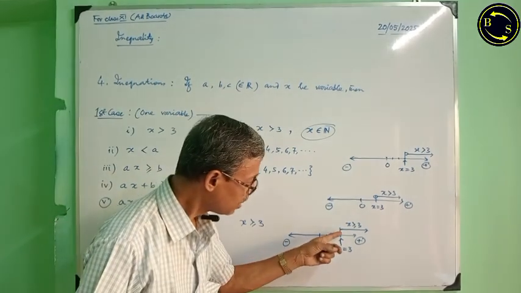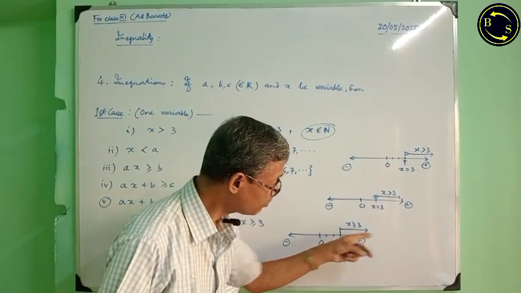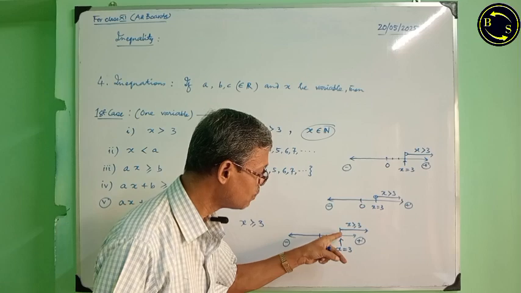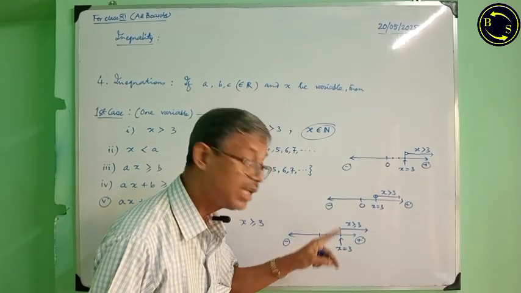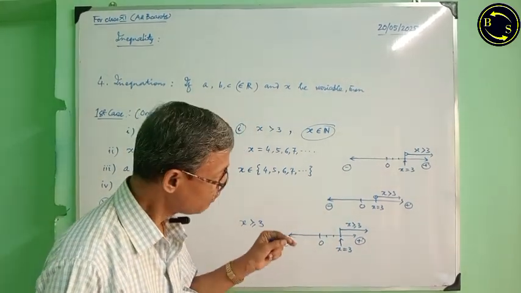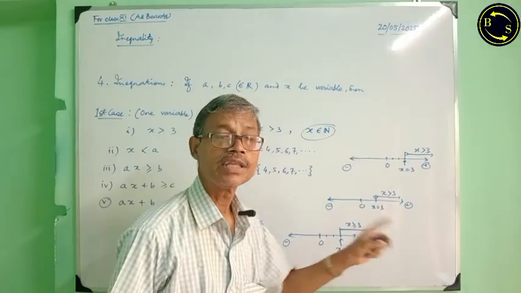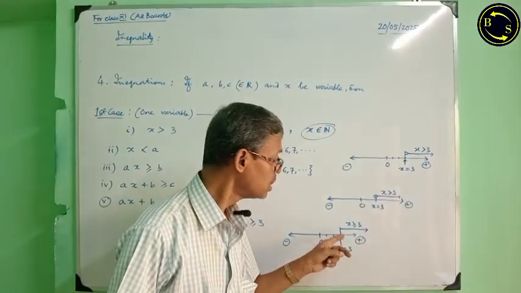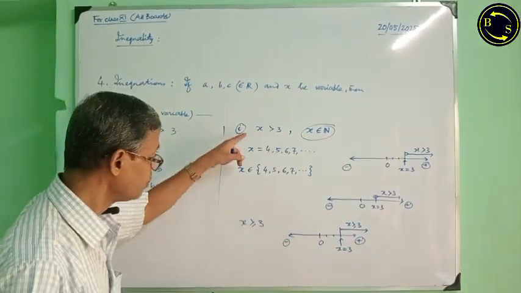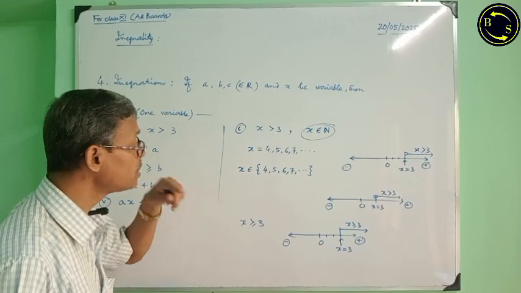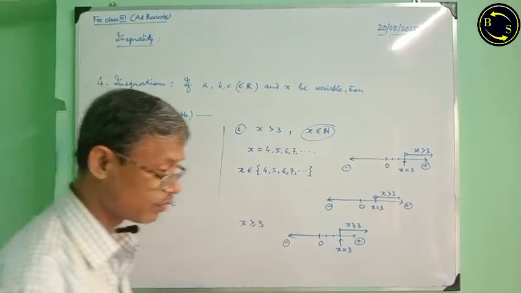You see, the end point of the ray starts from this vertical line. Meaning is that x can take values 3 and greater than 3. This is the representation of these two inequalities on the number axis.